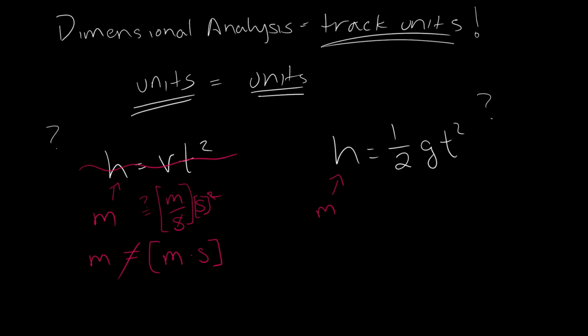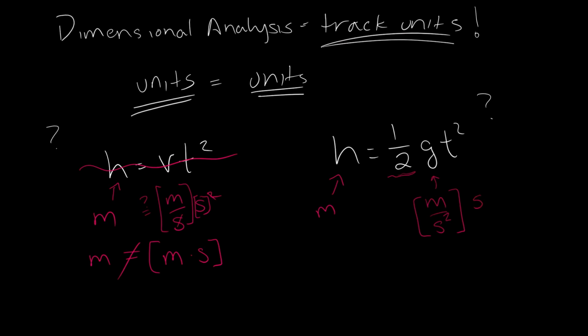Okay, let's say the other equation you think might tell you the height from which the ball was dropped is 1/2 g t squared. And g is just a constant. It's 9.8 meters per second squared. So the units there are meters per second squared. Any number that's just a constant doesn't have any units associated with it.